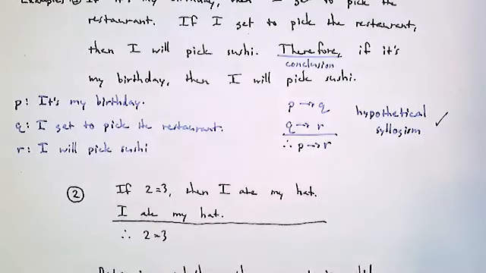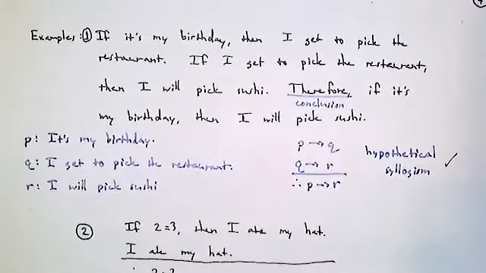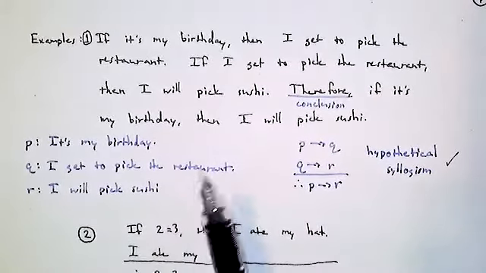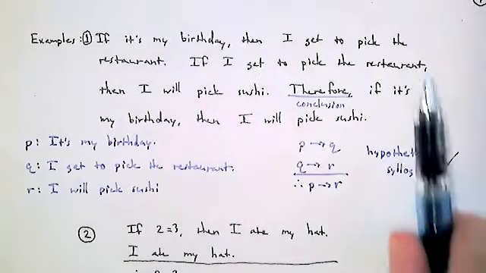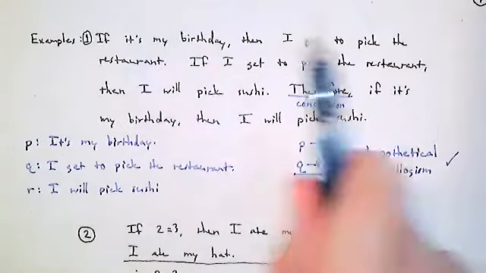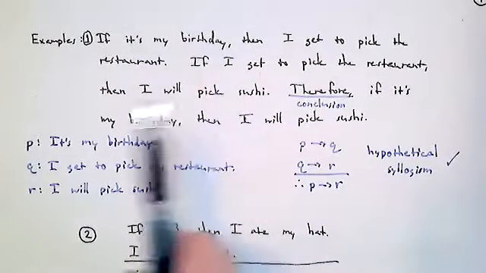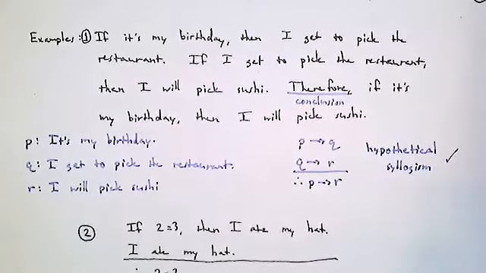And this is where we ended the class. Last time we looked at an example of a fairly simple sort of reasoning or an argument that you might make in everyday life. And well, you probably remember what it was. It's a silly example about picking a restaurant on your birthday.